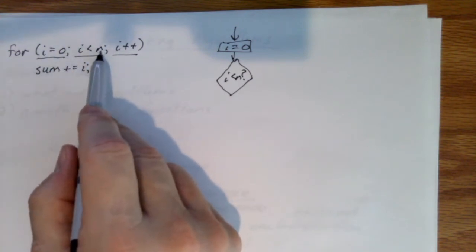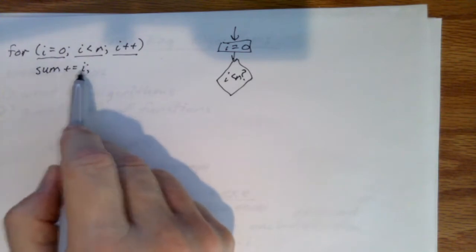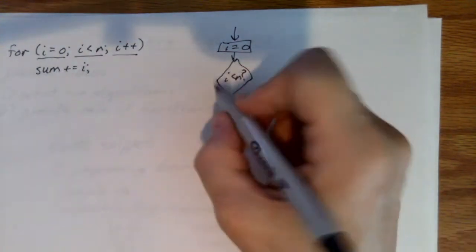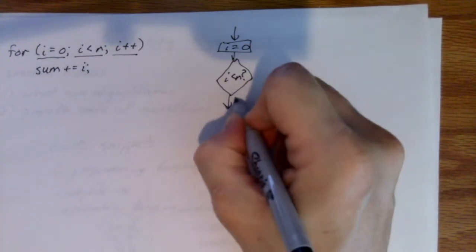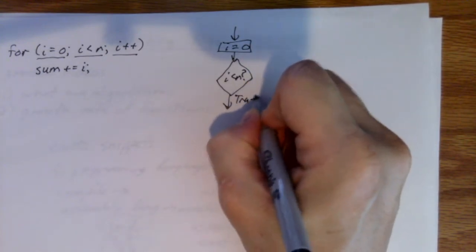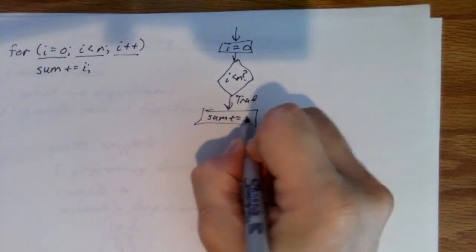If n was already 0, this will fail, and therefore we never update the sum. Okay? But assuming it is true that i is less than n, then we'll add i to the current value of sum and update. So sum plus equal i.